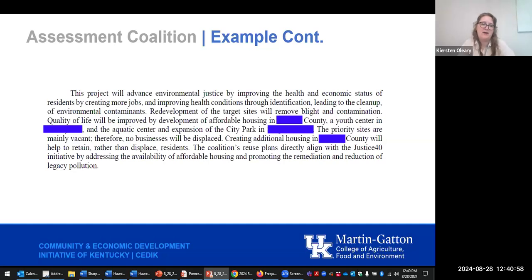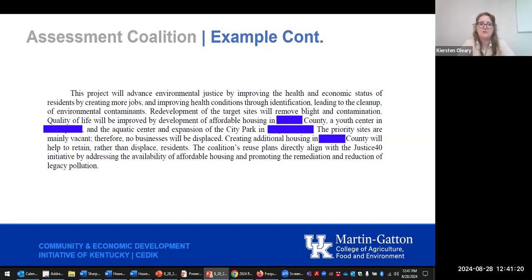They've already thought about what their reuse plans are going to be at these individual sites. So it's saying: development of affordable housing in this county that is a target area, a youth center in this county, and then an aquatic center and the expansion of a city park in this target area.